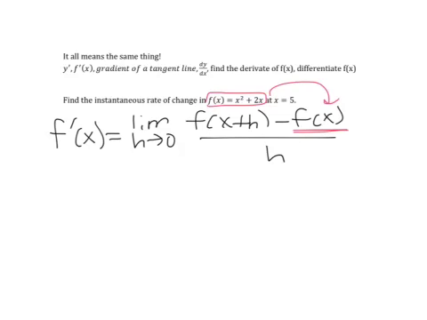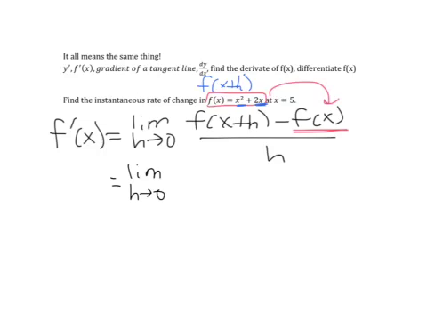And I'm going to do a direct substitution this time. So here we have limit as h goes to 0. F of x plus h is sort of like replacing all of your x values with x plus h, right? So I have x in here and another x over there.